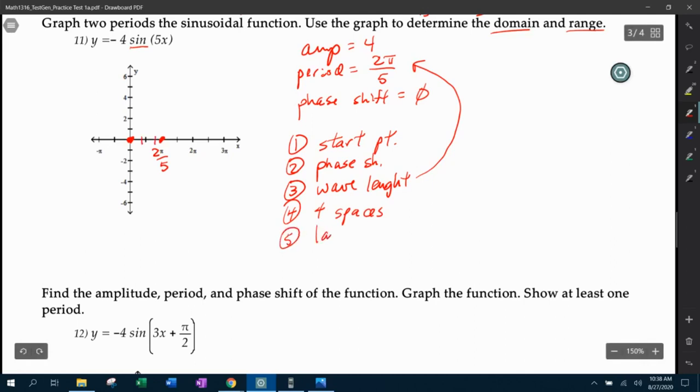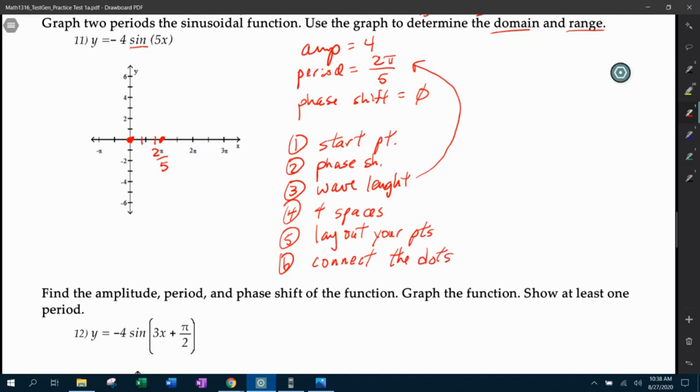Step number 5, lay out your points. And step number 6 is connect the dots. So to lay out your points, notice that for this function, we're going to start at the origin.